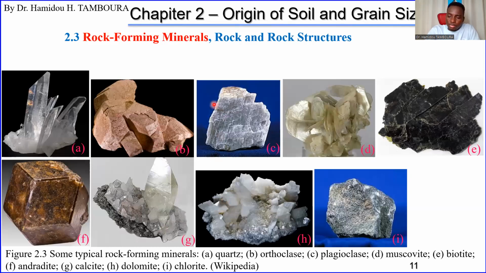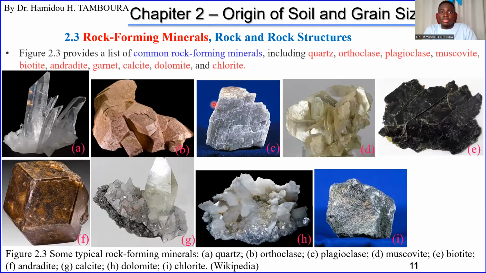This figure 3 shows the common rock forming minerals, which include quartz, orthoclase, plagioclase, muscovite, biotite, andradite, and all these minerals are the minerals we can find in rock. Okay, dolomite, chlorite.